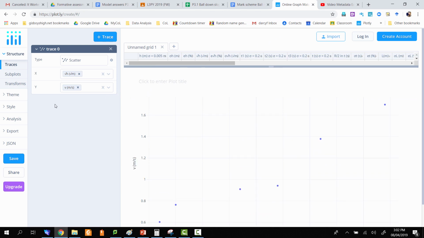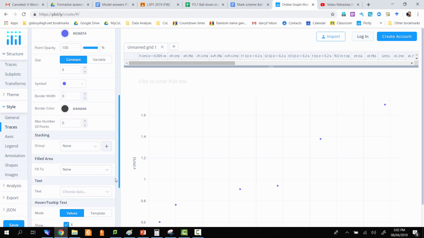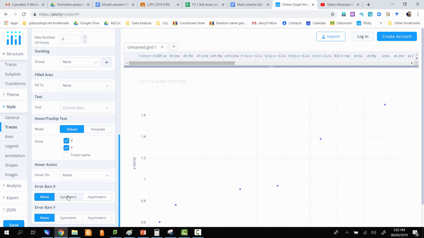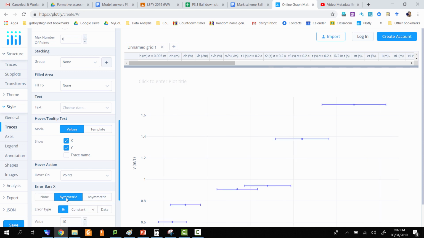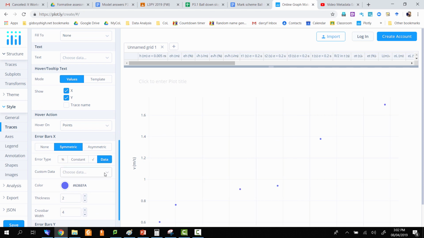Okay, now first of all, let's put our error bars on. That's under the style area, under traces. If you scroll all the way down to the bottom, here we have error bars in X. I want them to be symmetric as opposed to not. I've got some data for that because it's not a single value.